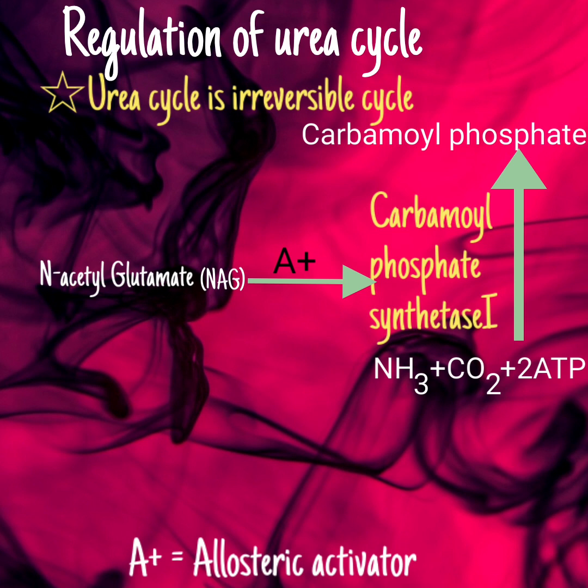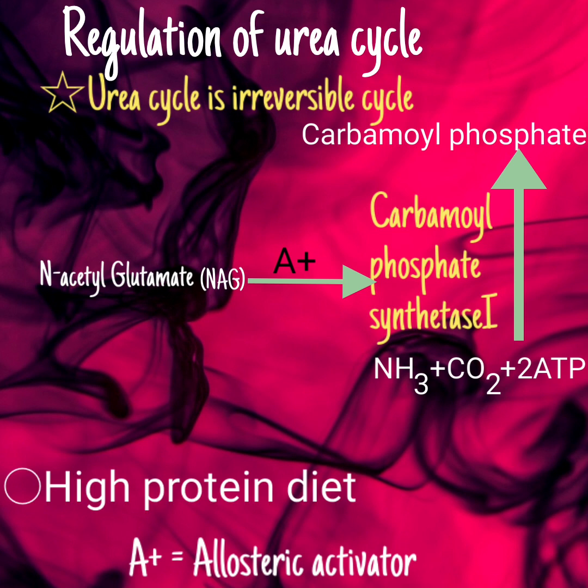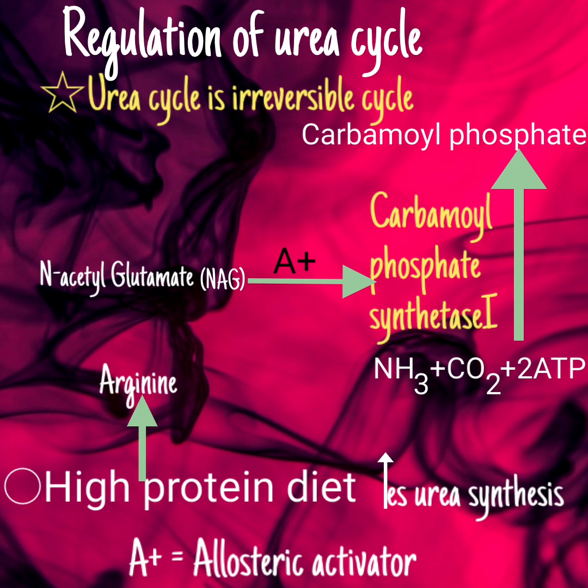Similarly, a high protein diet is also found to regulate the levels of urea synthesis in our body. A high protein diet leads to increased urea synthesis because when we ingest a high protein diet, the levels of arginine will rise in our body. As arginine is also a component of protein, its level will rise after the ingestion of a high protein diet.